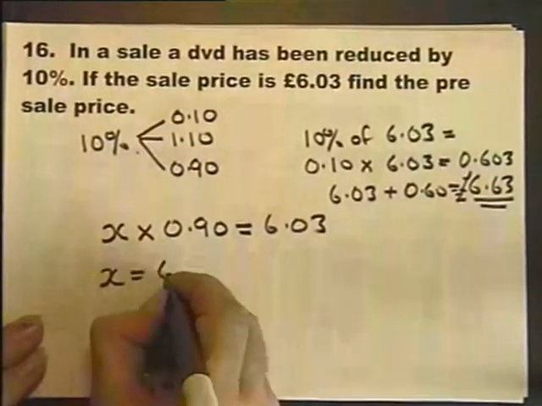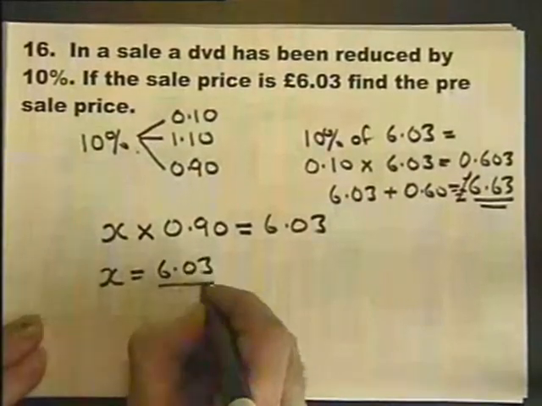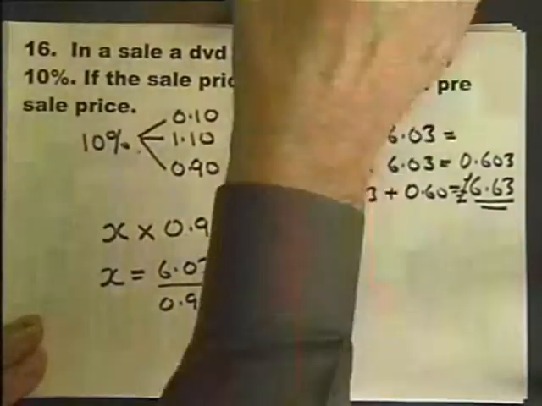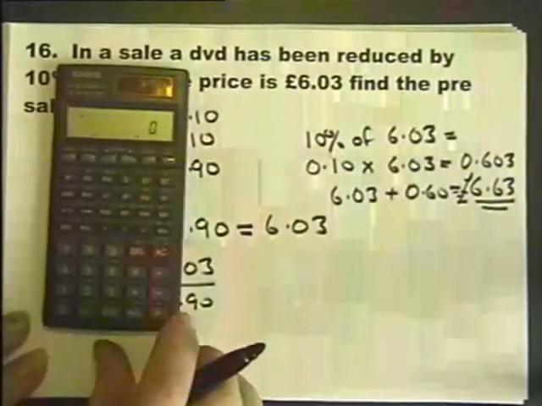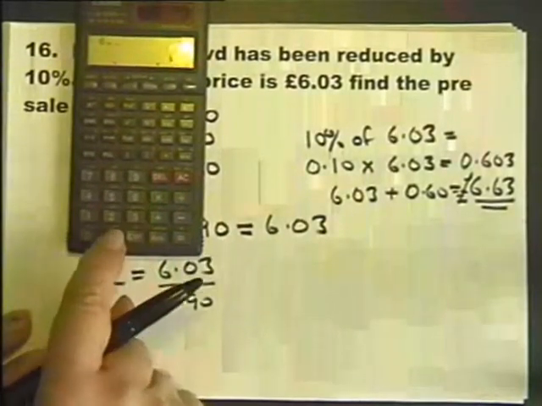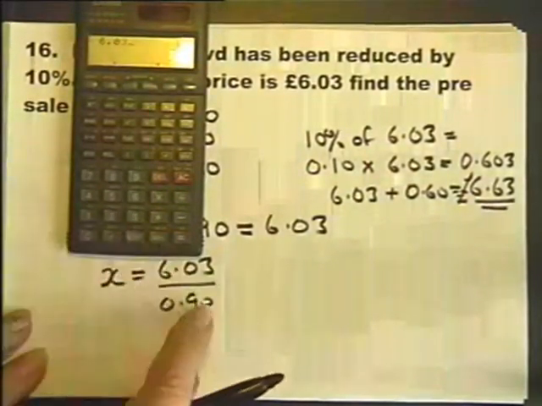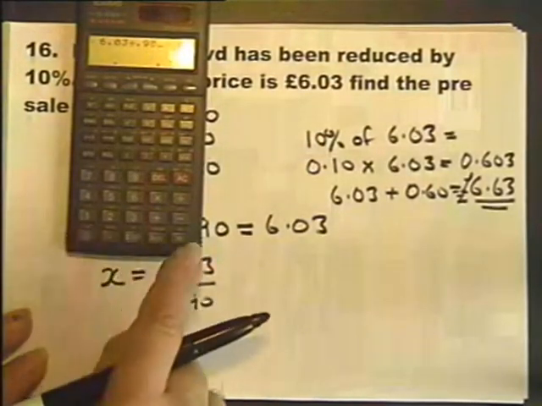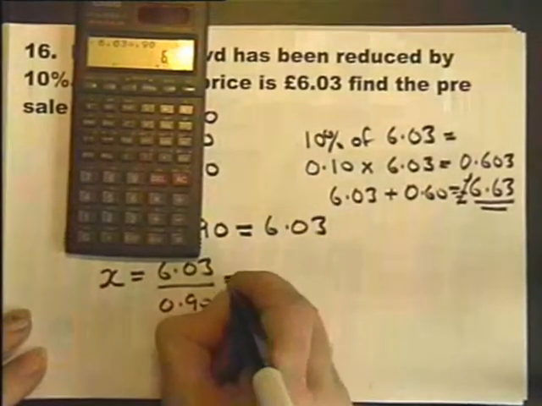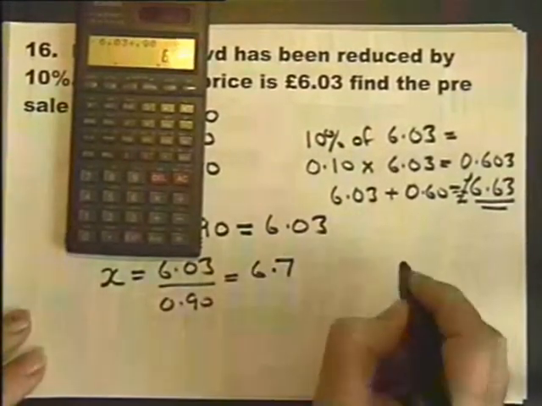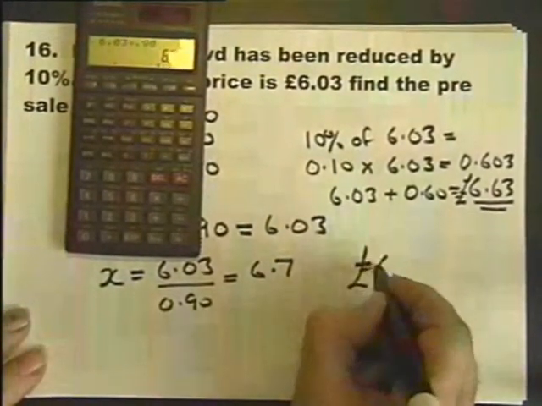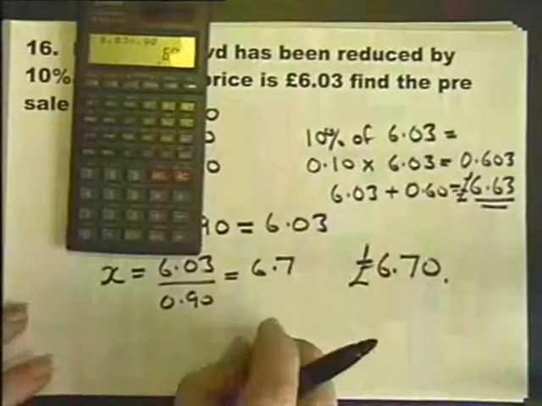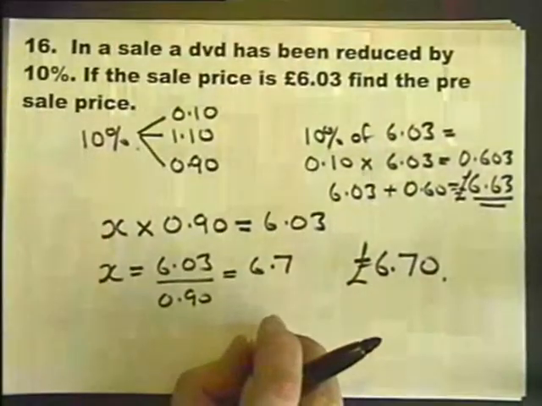Therefore, the pre-sale price is £6.03 divided by 0.90. We don't have to put the 0 in, but I will. Lastly, appreciate that that's money, so I do need to put a nought in there. That is the way I would do it.